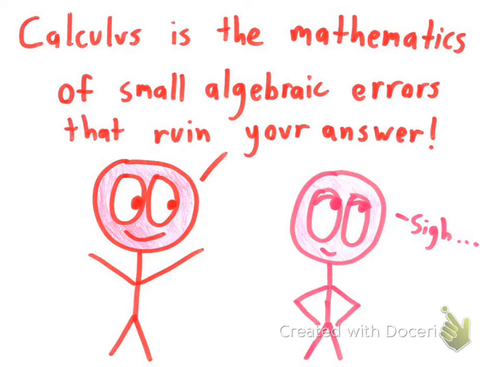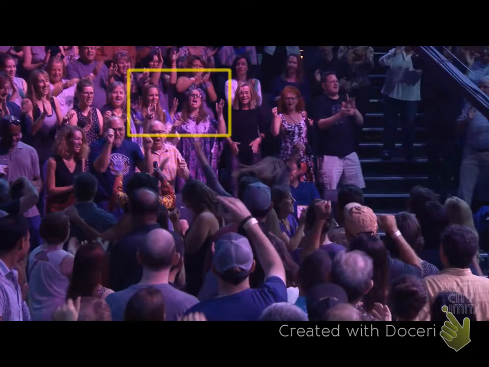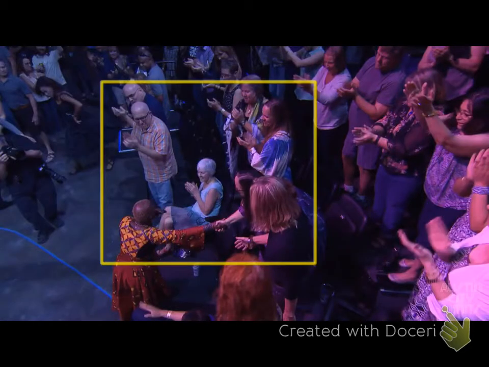There we go, a little cartoon. This is me at a concert. As you can see, I'm in African garb. This is me down in the lower corner, shaking hands with my favorite singer.